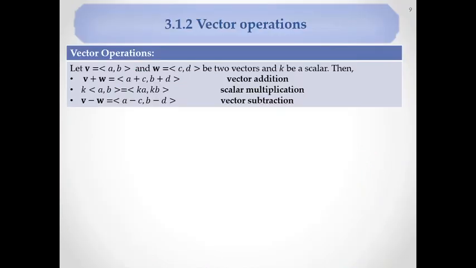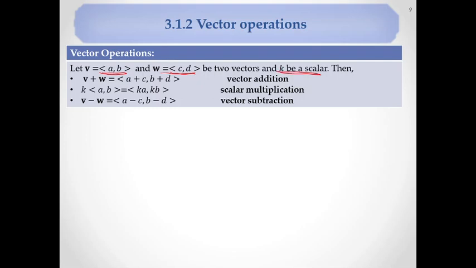Now we will talk about the operations on vectors. Assume we are given two vectors with their components. If we say coordinates, it means these are points. No, these are not points, these are vectors.